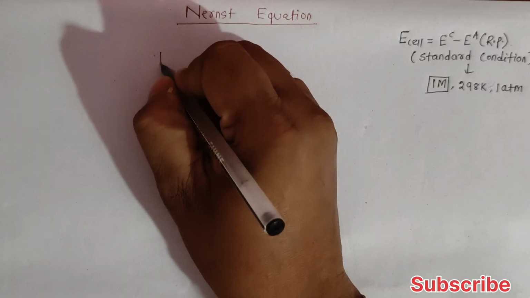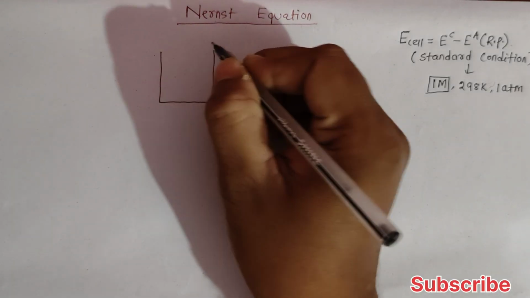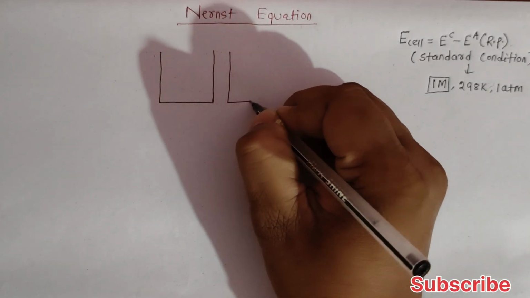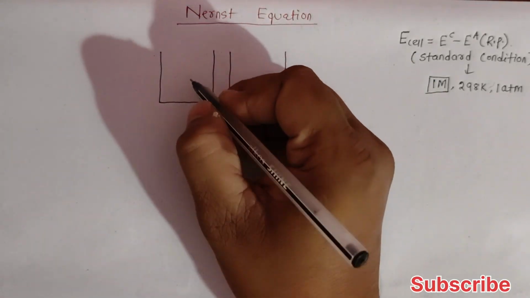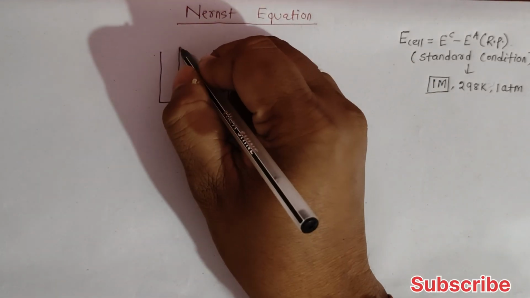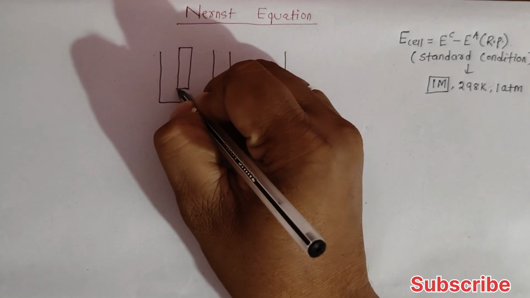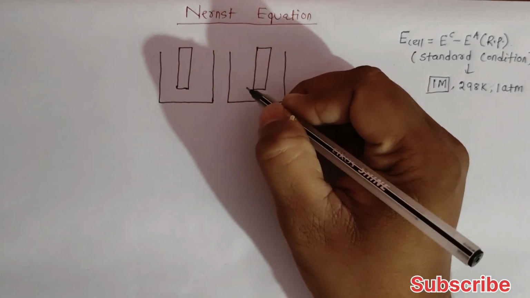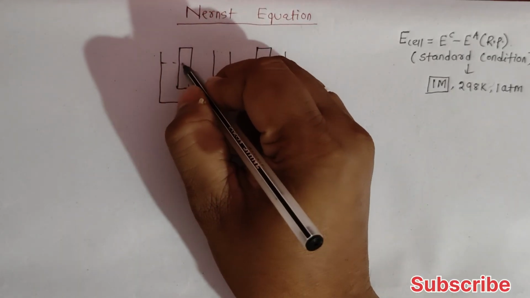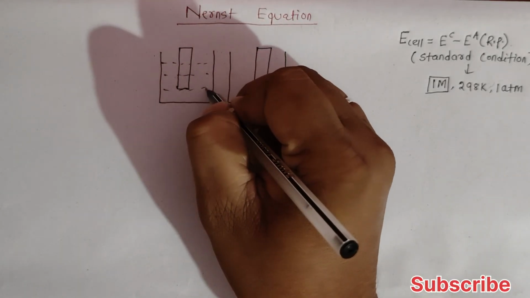Let us take a galvanic cell. Here is an example of a galvanic cell. I have just drawn a galvanic cell, and in this galvanic cell we have two rods. We all know that we must take electrodes and respective solutions.